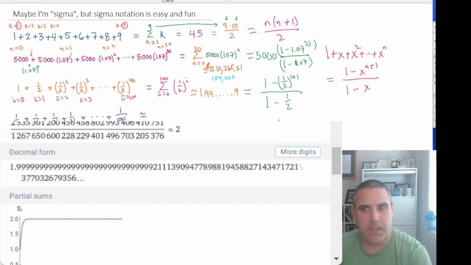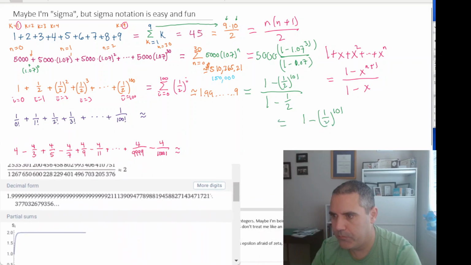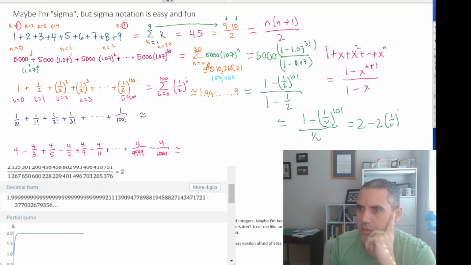And if you simplify that, you're going to have 1 minus 1/2 to the 101. And I think I'm running into my head, as I tend to do. So I'm a ding-dong. This is a half. And if you multiply top and bottom by 2, you get 2 minus 2 times 1/2 to the 101.